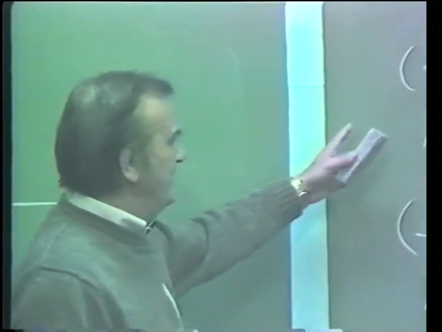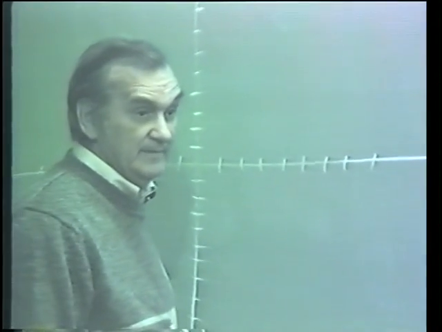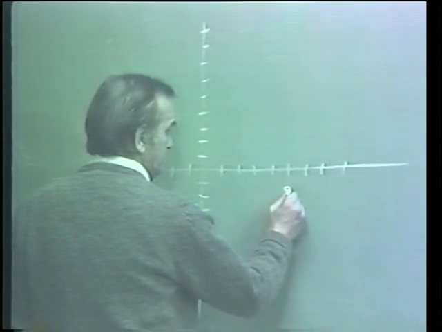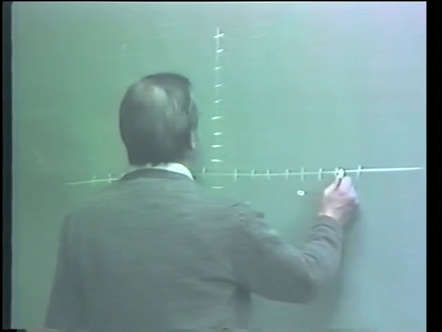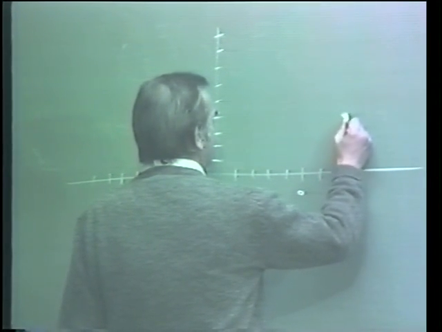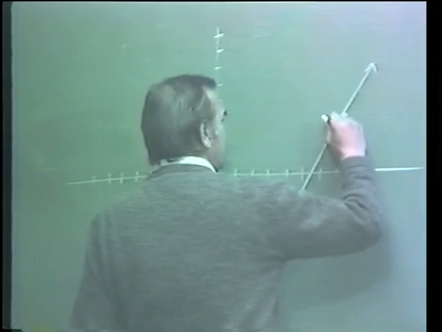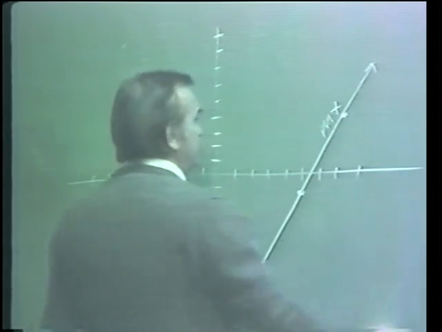Our first line is made up of the points 5, negative 1, 7, 4. That's our first point. Our second point is 7, 4. And there is the line that has a positive slope.